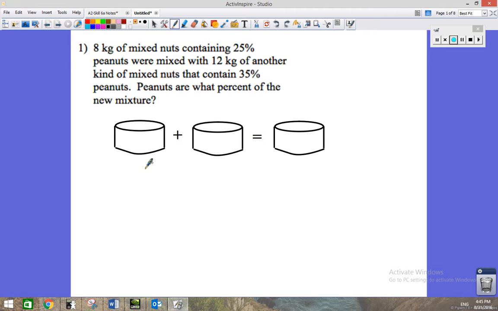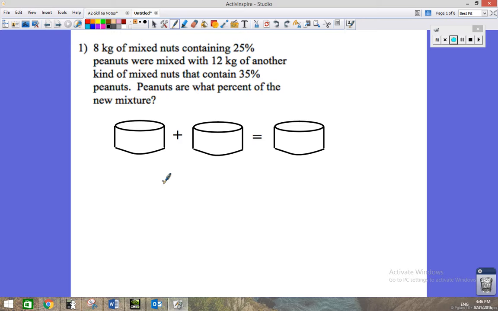Underneath there I usually put either the weight or the volume. So we know that each term in my equation is going to be a concentration times a volume, or a concentration times a weight, or some type of unit cost times a weight.